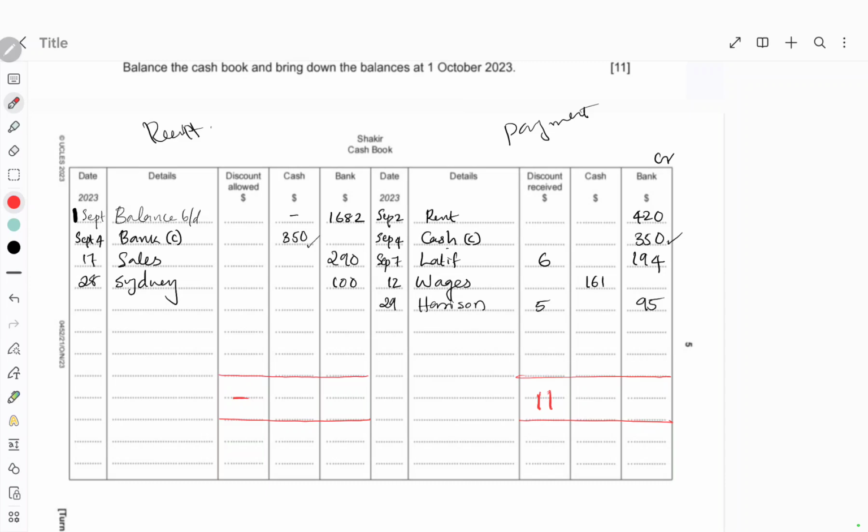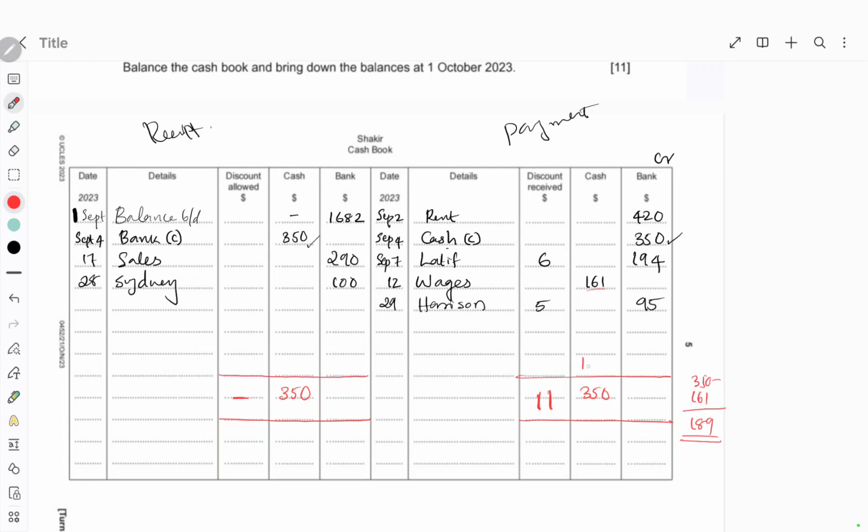Okay, now cash and bank account. Cash usually will show debit balance. We know that on the debit side we have $350, right? So take that higher number on both the sides, 350, and here we have 161. So 350 minus 161, the lower amount, that will be your balancing figure. That will come as 189, isn't it?